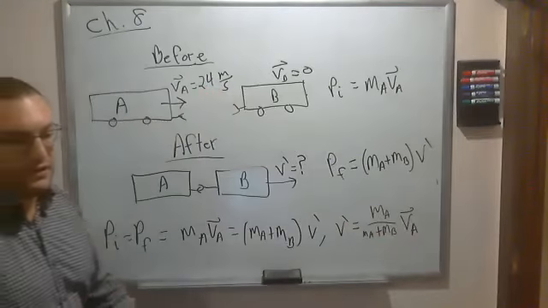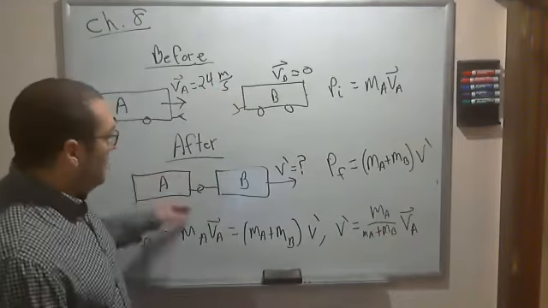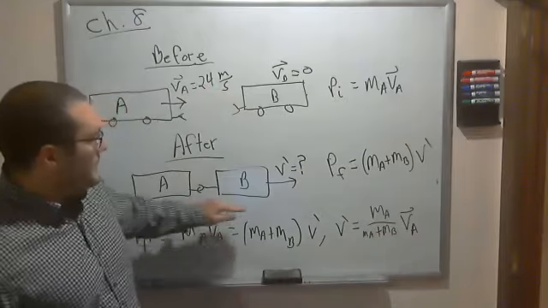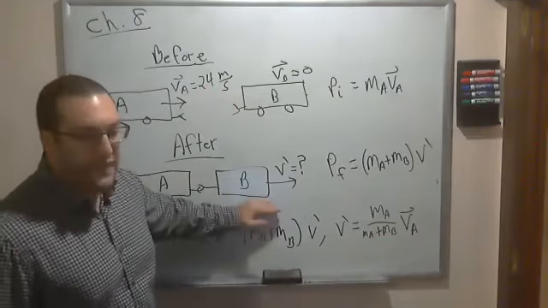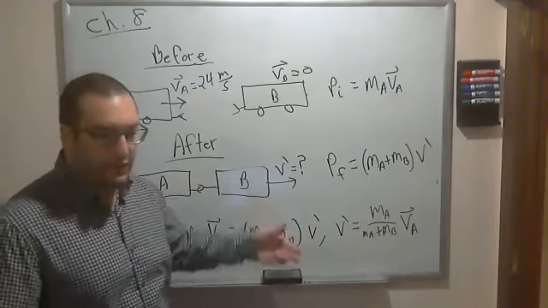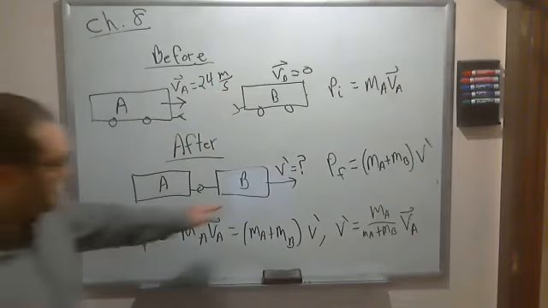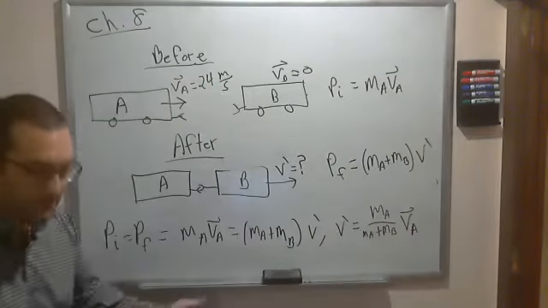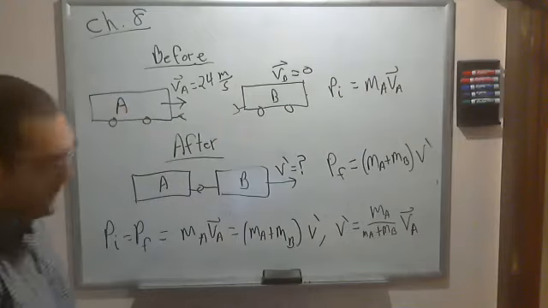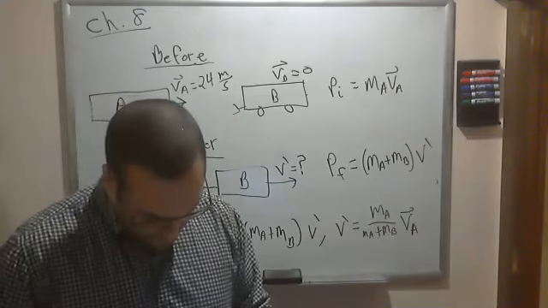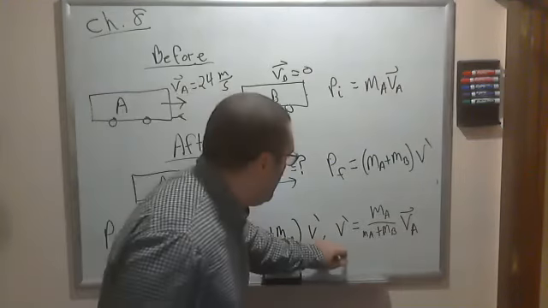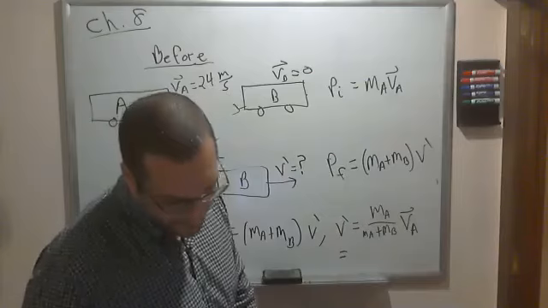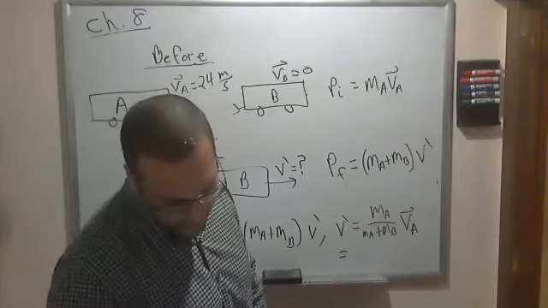That makes sense, because we're giving B half of that momentum. And if MB is 0, it'll continue at the same speed. That's really this problem, and if you plug in all the numbers, it'll come out to be 12.